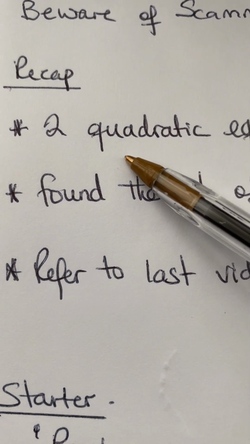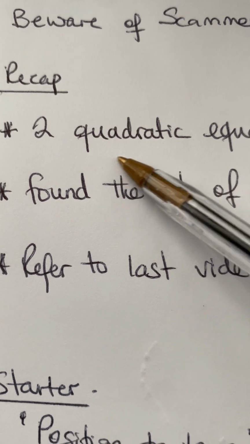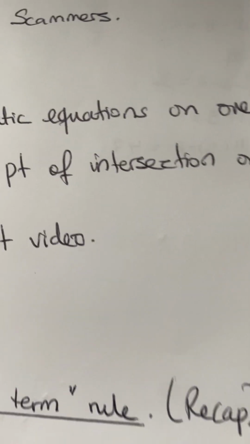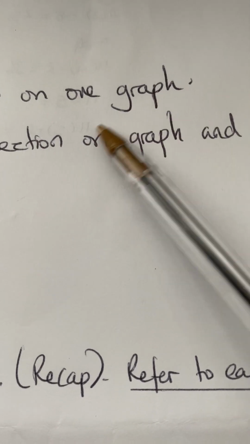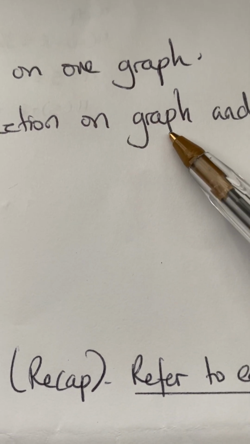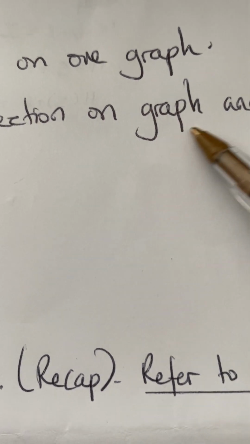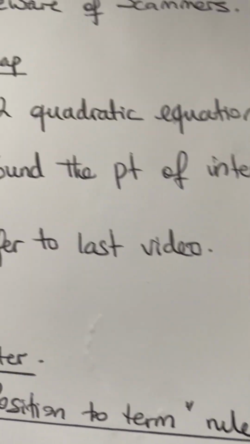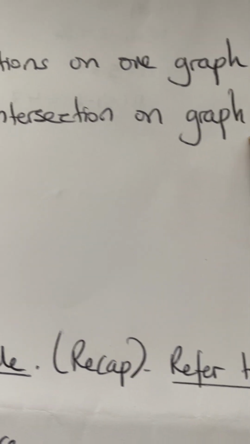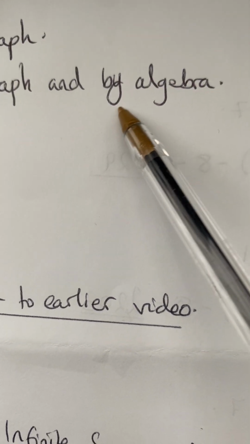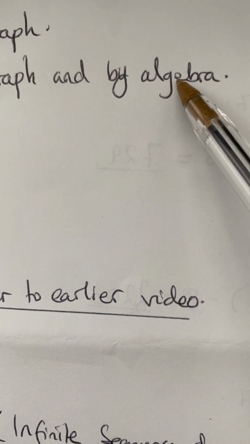Now, recap. In our last lesson, we looked at two quadratic equations, one on a graph. We drew the table, got the coordinates, and plotted it on the graph. It was two quadratic equations. We found the point of intersection on the graph, and then we went on using algebra to also find the point of intersection.